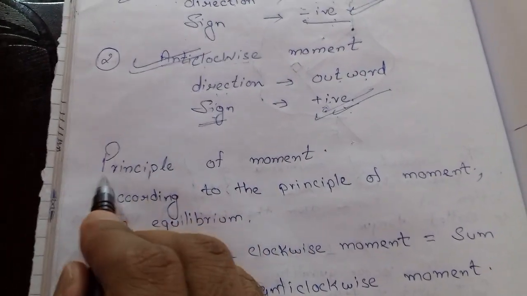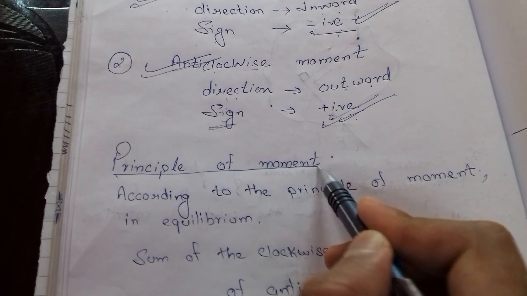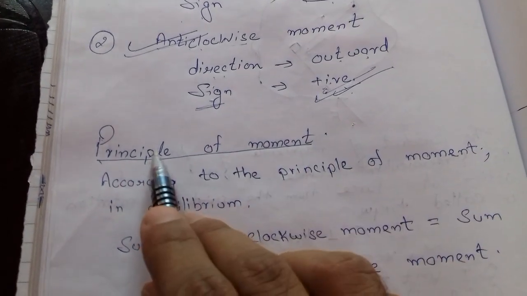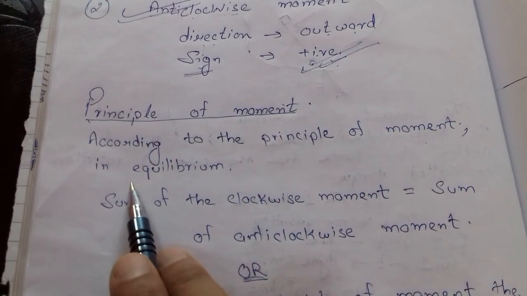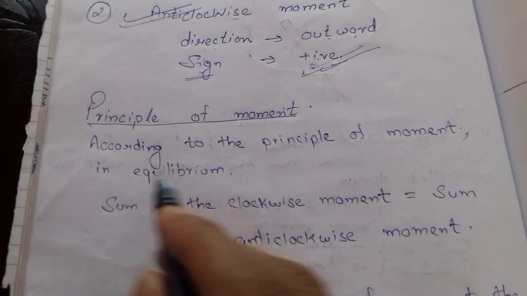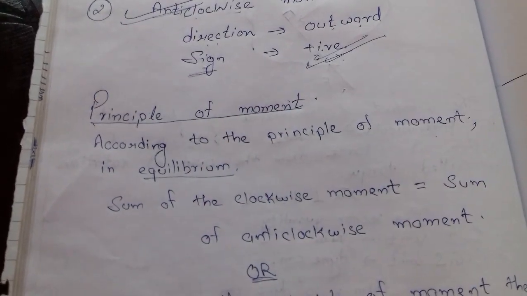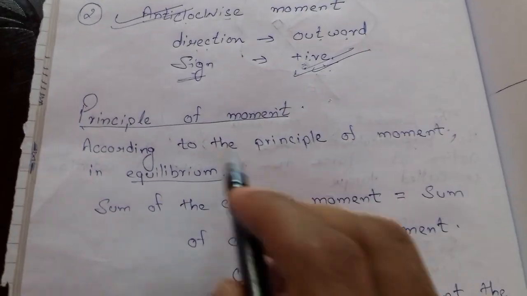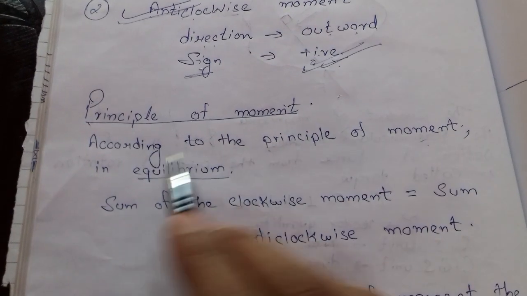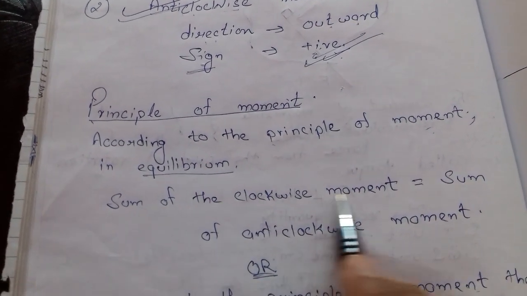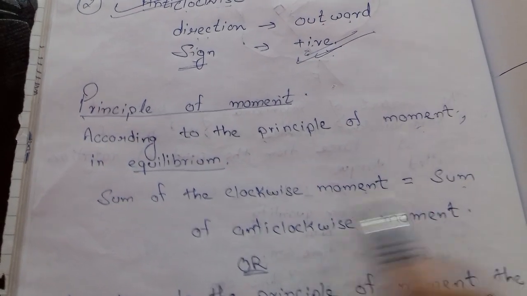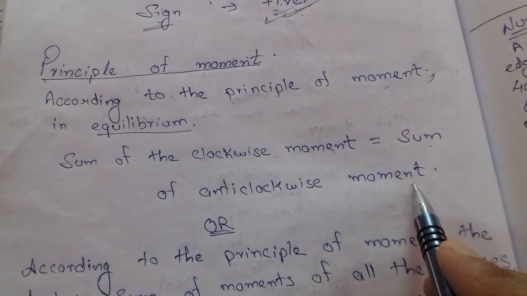Then the principle of moments. According to the principle of moments in equilibrium, which we will discuss in the coming classes, the sum of clockwise moments is equal to the sum of anti-clockwise moments.